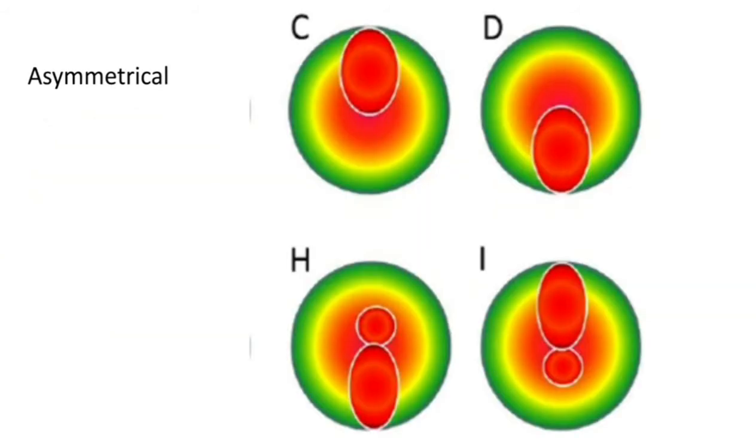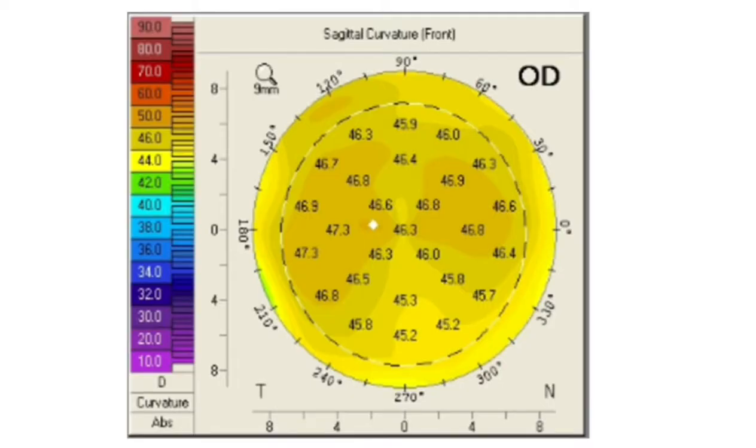Another thing is asymmetrical values and symmetrical values. Let us move to this. Here, suppose this is asymmetrical. In an asymmetrical pattern you need to calculate the difference between two corresponding opposite points in the 5 millimeter or 6 millimeter area.